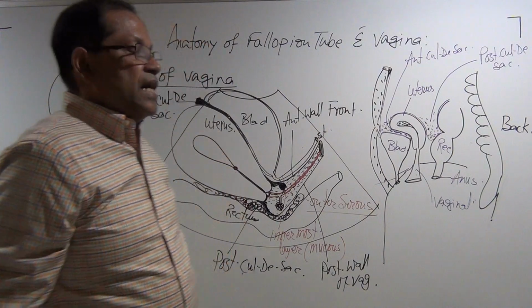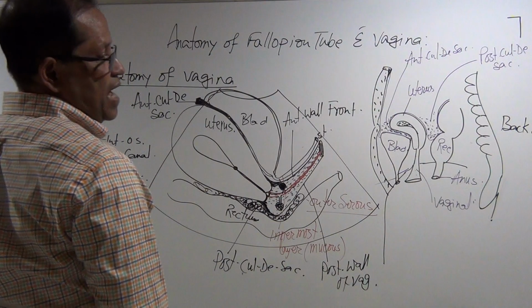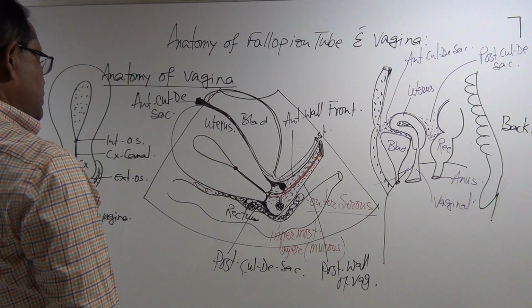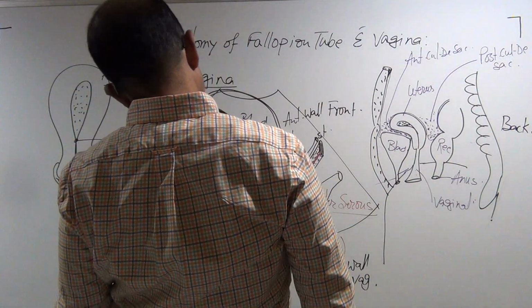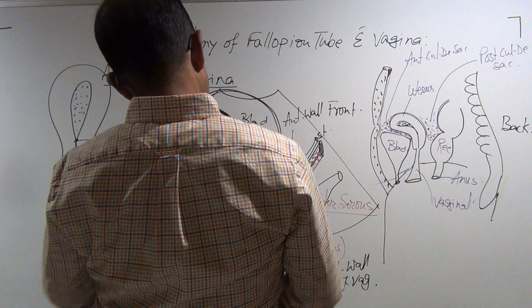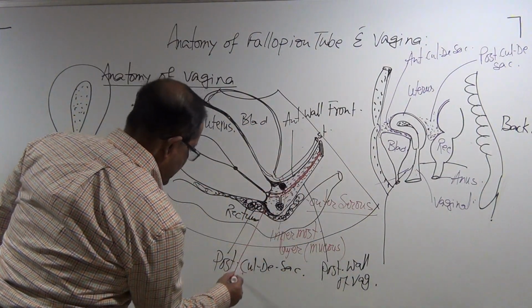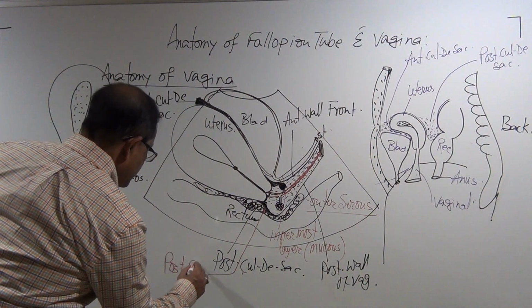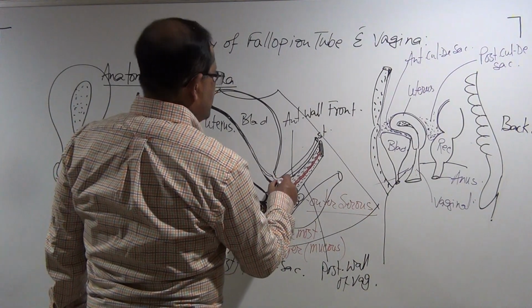Okay, and there are other bacteria inside. Those are usually commensal organisms. Okay, now this is the fornix. Okay, posterior fornix, and this is anterior fornix.